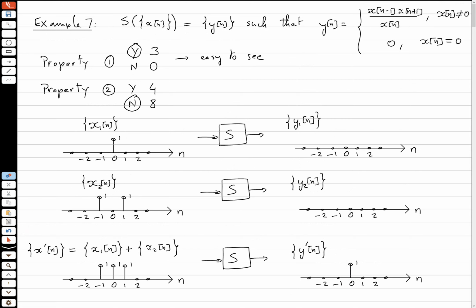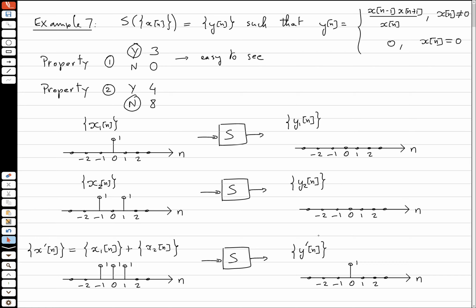X of 2 is 0, so it's 0. At -1 you are going to get x of -2 here is going to be 0. What about at 0? At 0 all of them are 1. So you get this. Okay, so far do you agree that the response of S to these three inputs is these three outputs? You agree, right? We have used the definition of the system.